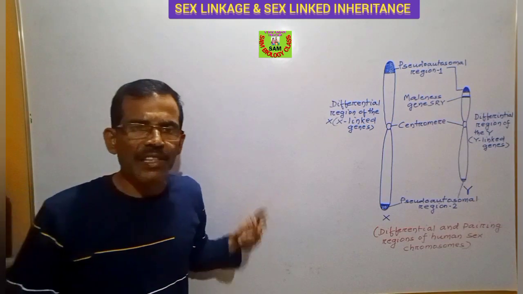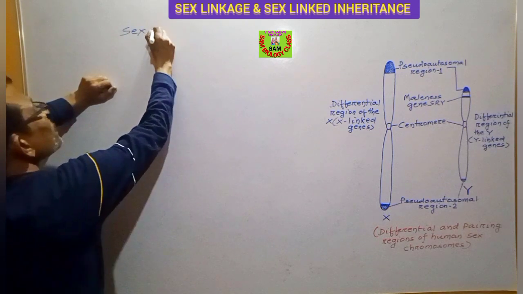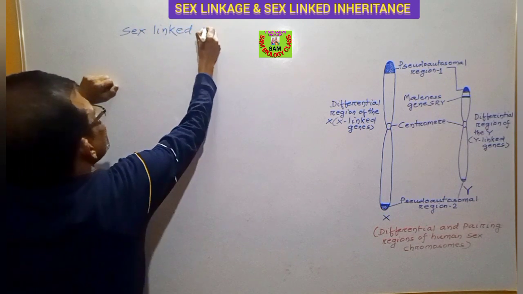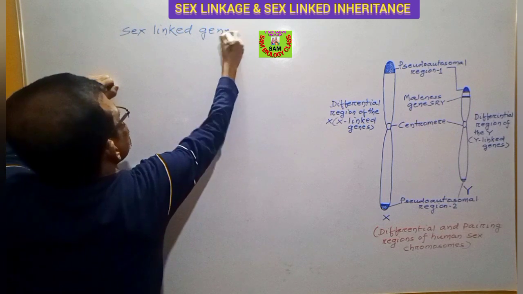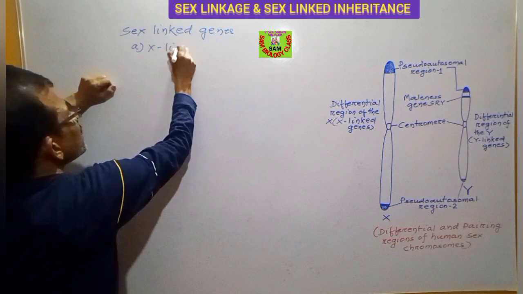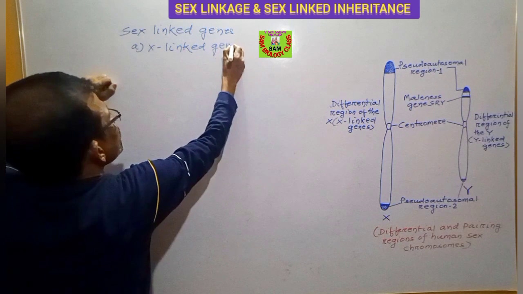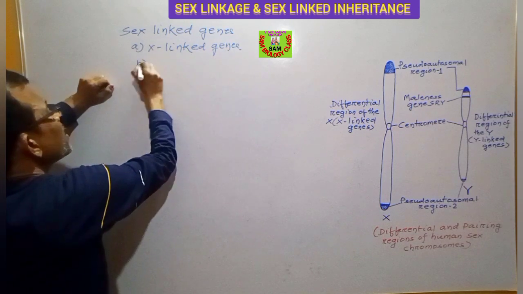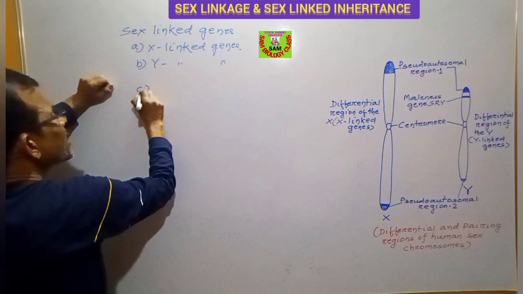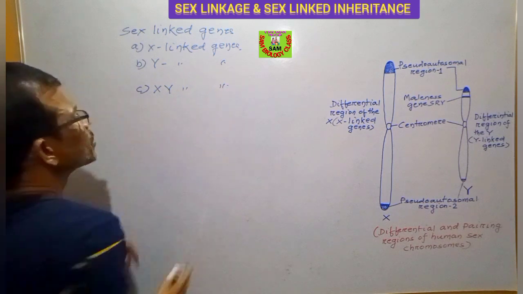Now, what are sex-linked genes? Genes that are localized on sex chromosomes are known as sex-linked genes, which are of different types such as X-linked genes, Y-linked genes, and XY-linked genes.